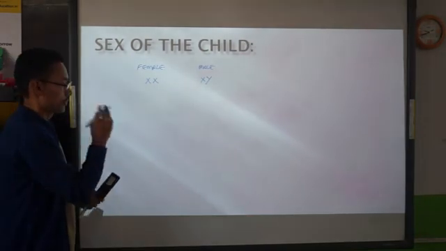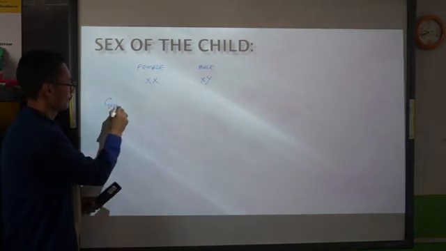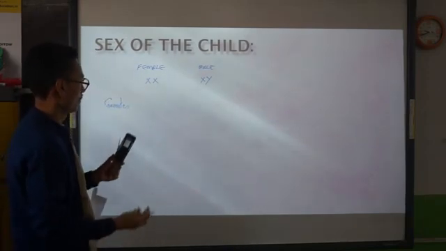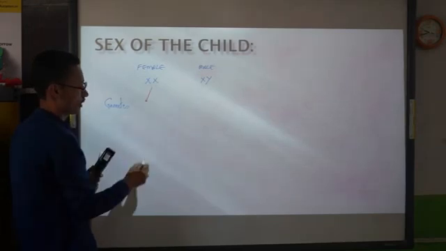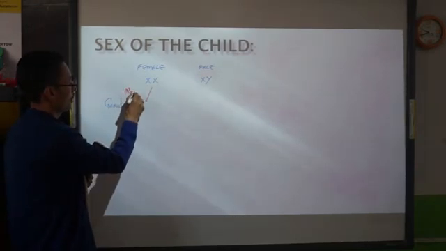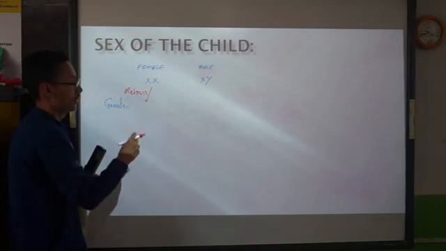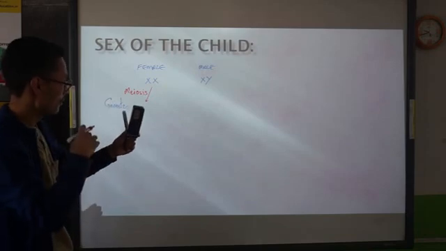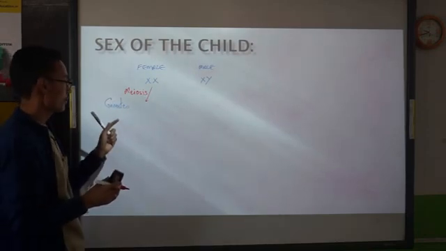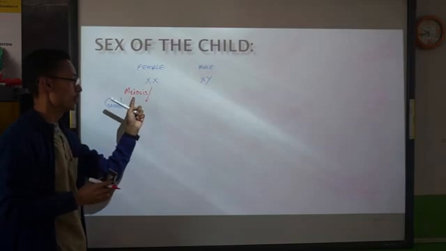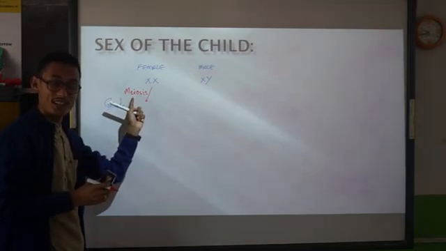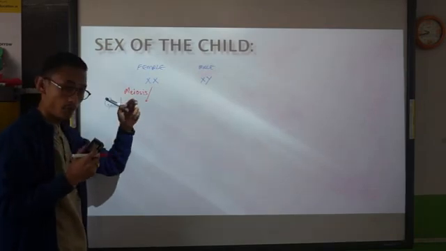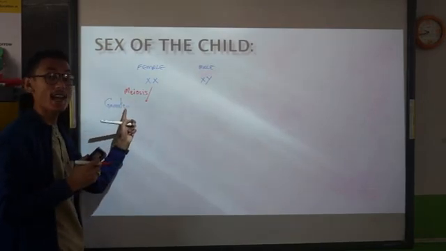Now, there must be the formation of gametes. During gamete formation, the type of cell division that occurs will be meiosis, which is called reductional division, where the number of chromosomes in the gametes will be haploid.